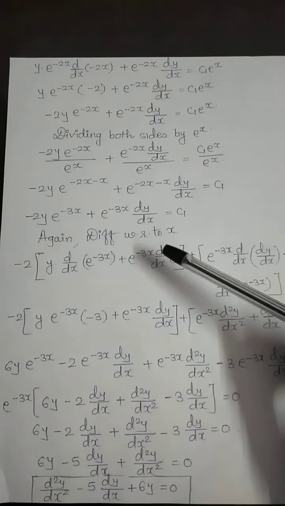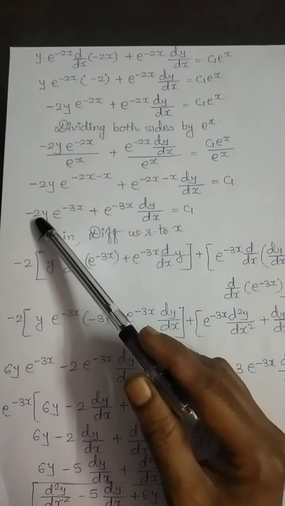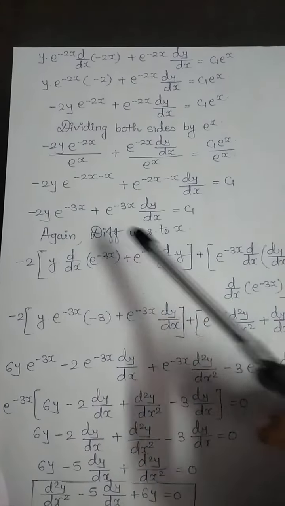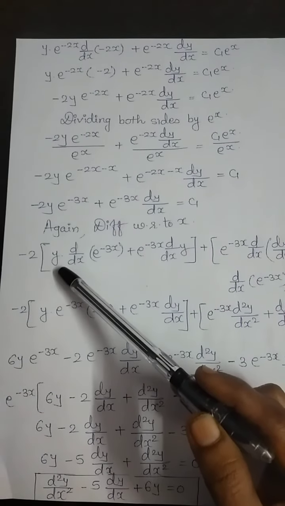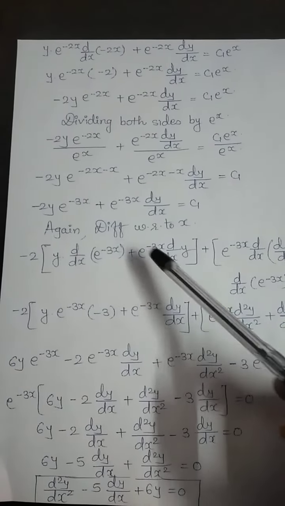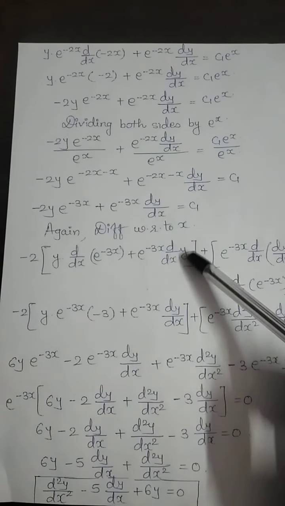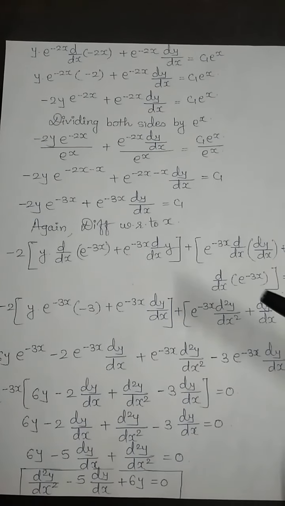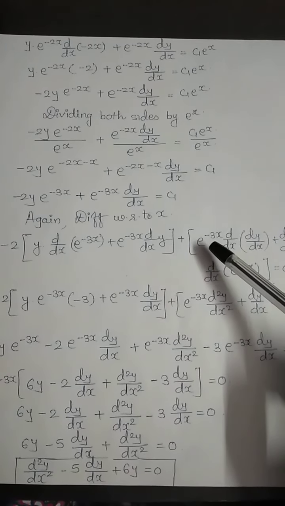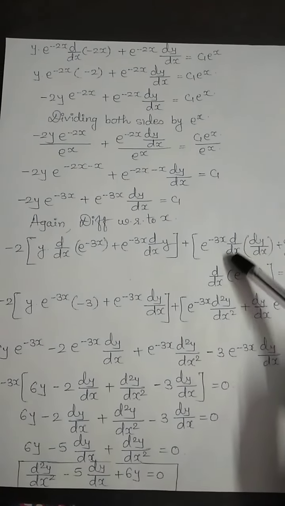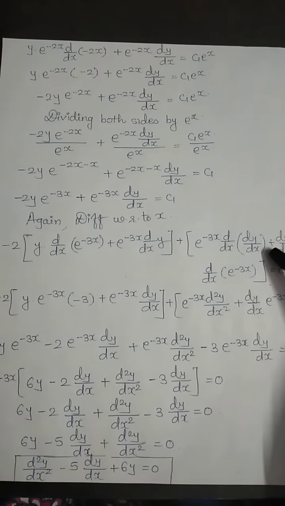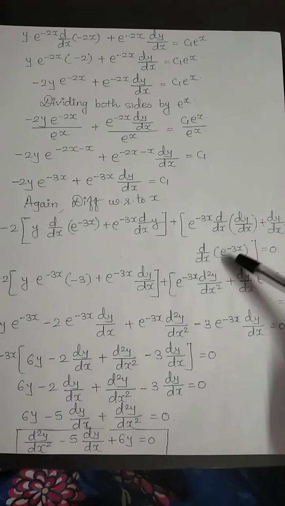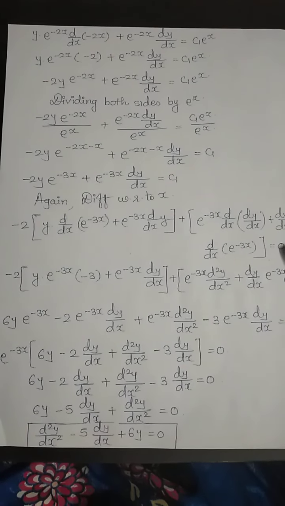Now again differentiating with respect to x, minus 2 is constant. In the bracket we will apply the u into v rule: y into derivative of e raised to minus 3x plus e raised to minus 3x into derivative of y. Plus for the second term also we will again use the u into v rule. So we will get e raised to minus 3x into derivative of dy by dx plus dy by dx into derivative of e raised to minus 3x, and this is equal to 0.